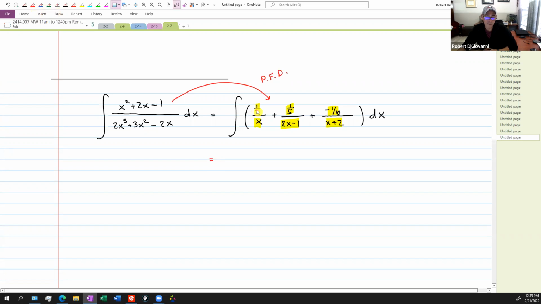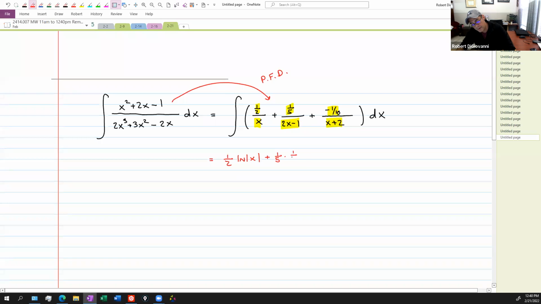So let me try and do each one of these now. Okay, the 1/2 up top, don't let it freak you out. It's just a constant. Let's just bring it for the ride here, 1/2. That really looks to me now like a 1 over x, and the antiderivative of that should just be natural log absolute value of x. Next one, plus, okay, the 1/5 is a constant, times. Uh-oh, this time my linear on the bottom is 2x minus 1, which means I'm going to need to scale the 2, right?